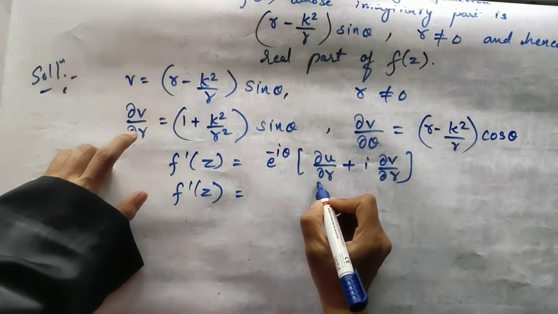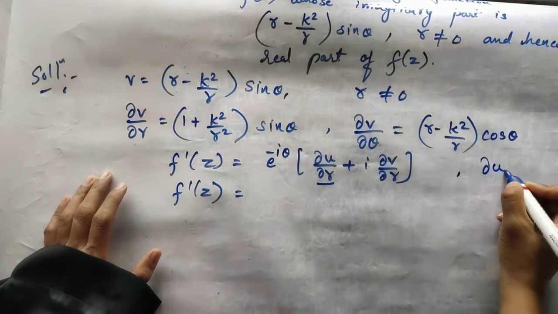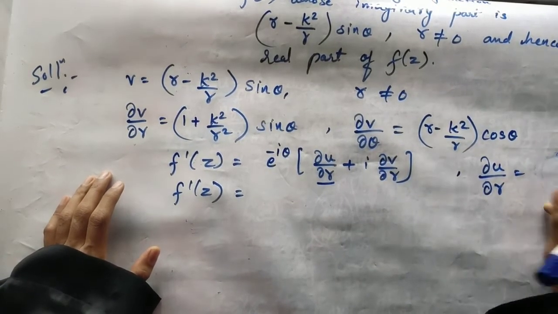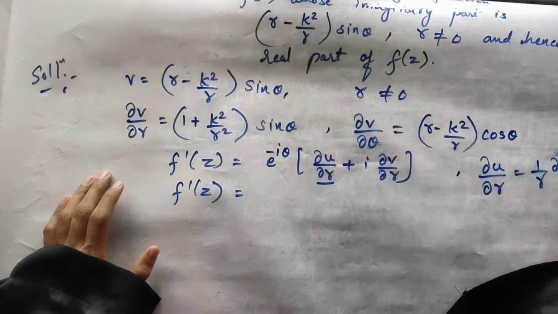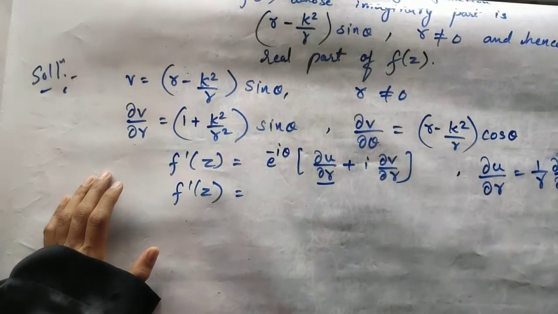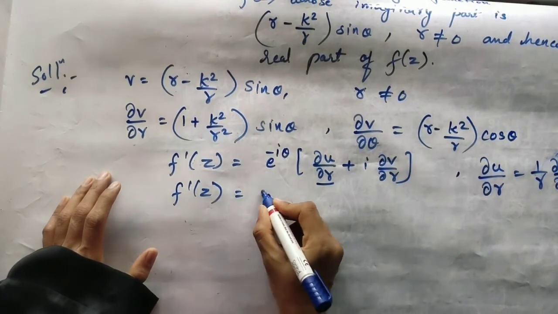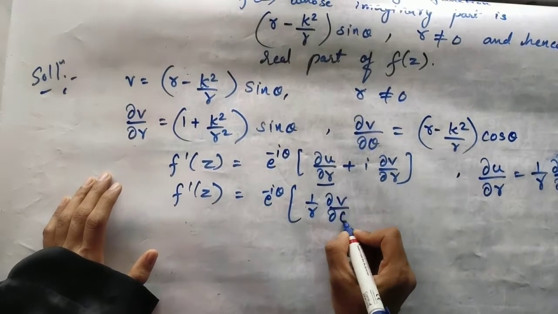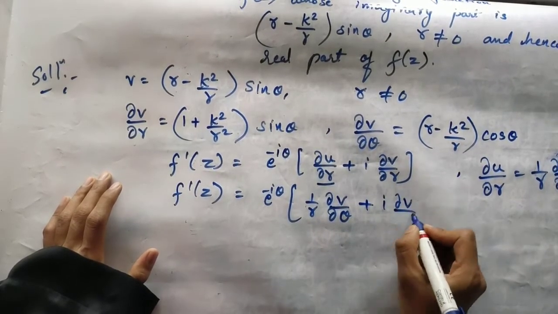In place of dou u by dou r, we have to use our CR equations and write. What is dou u by dou r? It is 1 by r, dou v by dou theta. Let us replace it by that and write our f dash of z. So it will be e to the power minus i theta, 1 by r dou v by dou theta plus i into dou v by dou r.